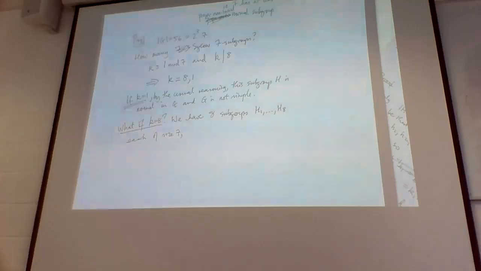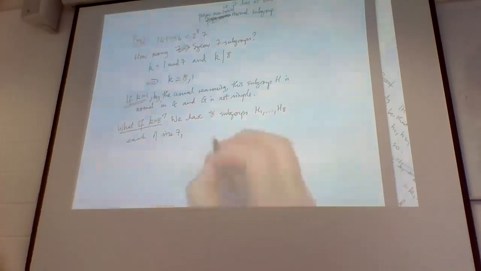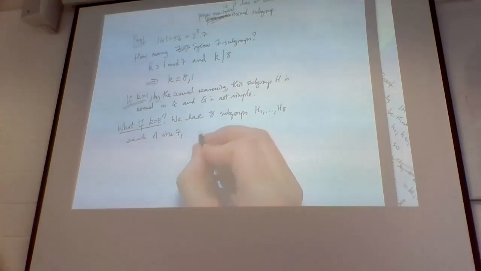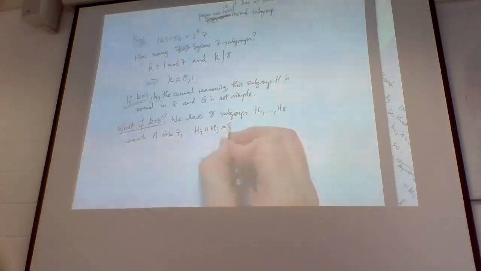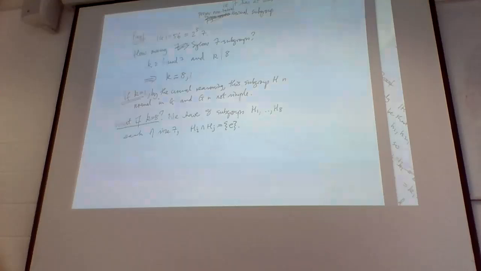But each of size 7, what do their intersections look like? Identity, and the identity only. So each HI intersect HJ only ever consists of the identity element.